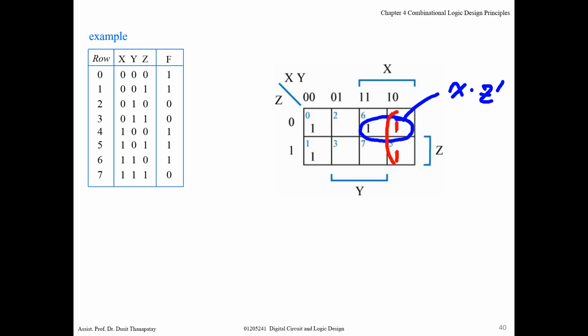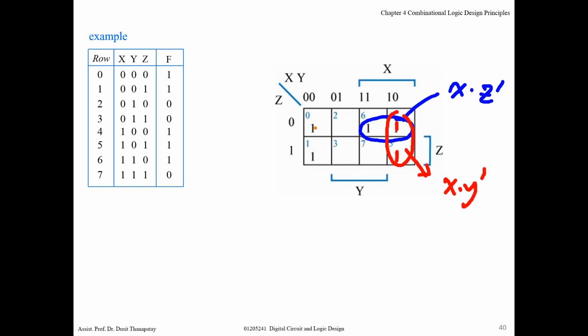It can reduce the number of variables, so you should select it. If you select these two cells together, the product term of these two cells is x is 1, right? Y is 0, x and y prime. This cell z is 0, this cell z is 1, so z disappears from this term.